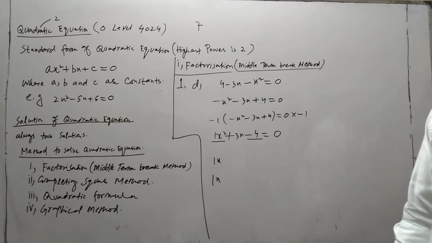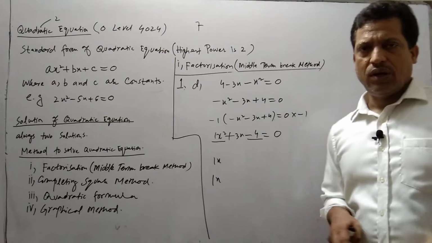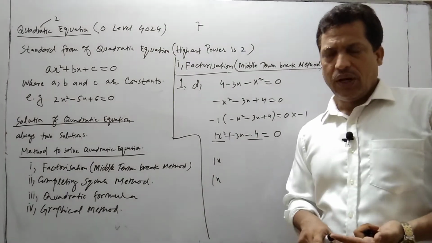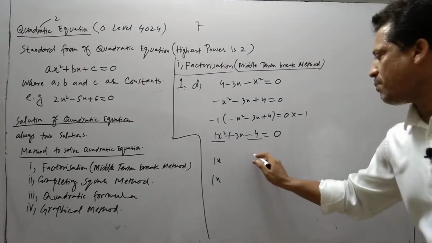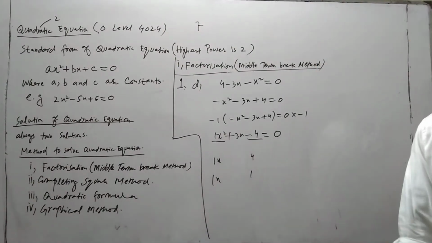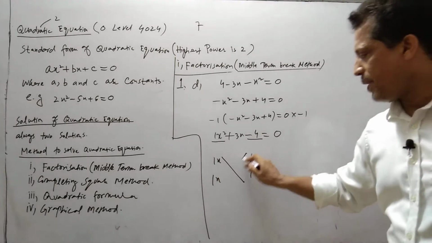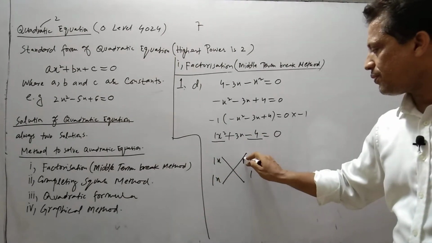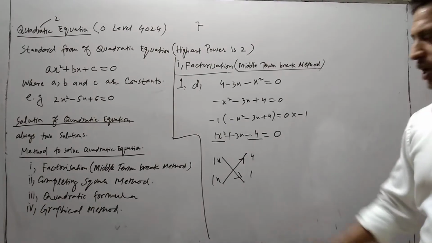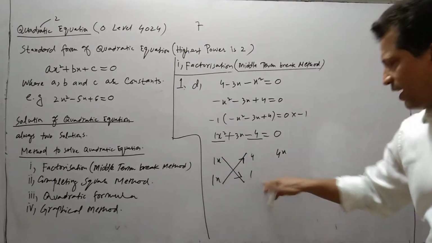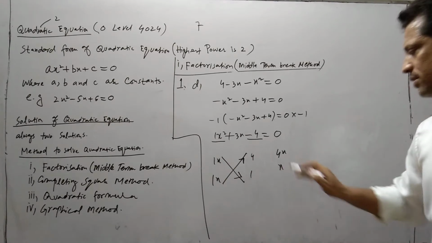There are two ways to write 4: 2 into 2, and 4 ones are 4. I am applying 4 by 1. So 4 ones are 4, x into x, x square. Make arrows. This is the first arrow, this is the second arrow. X by 4 is 4x and 1 by x is 1x.